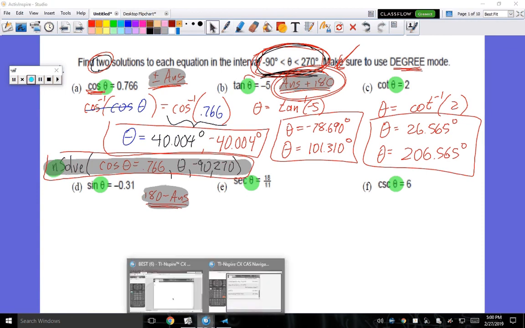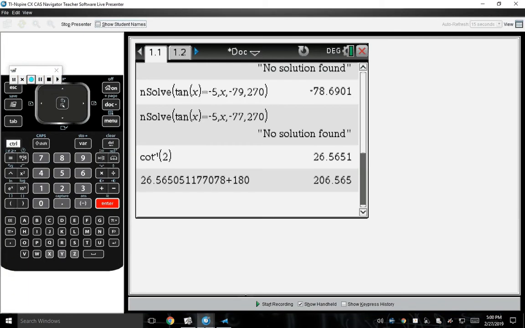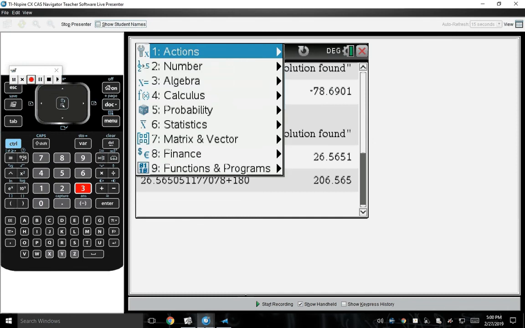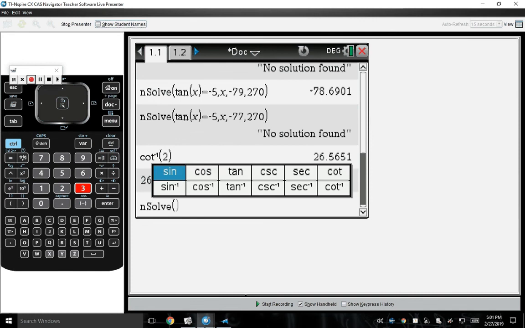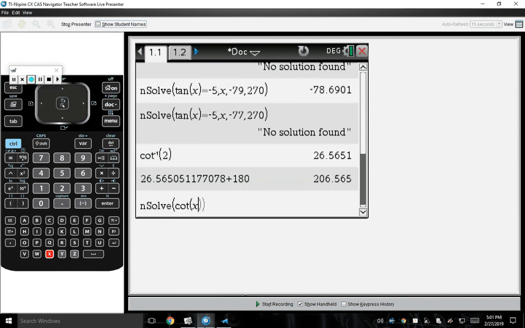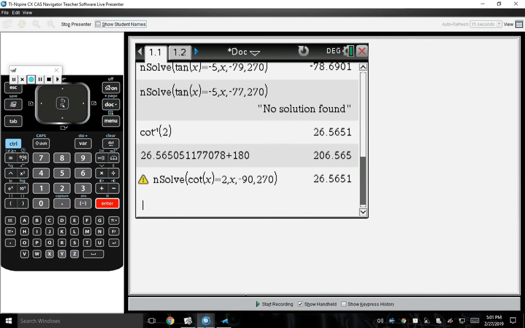Okay, so we're going to do the solve feature just like we tried with the tangent and see what cotangent spits out. Menu 3.6. Now we have still the problem that was originally given to us was the cotangent of theta, we're going to call it x, is equal to 2. And we're going to do comma x, comma between -90 and 270. And we get our original answer of 26.565. Now this exclamation point in yellow that you see, this warning sign, doesn't mean that it's necessarily wrong.